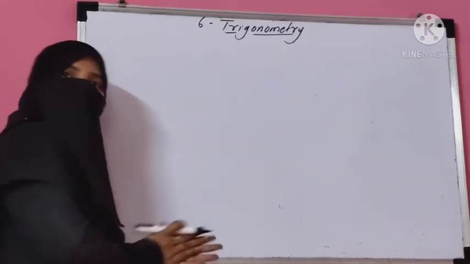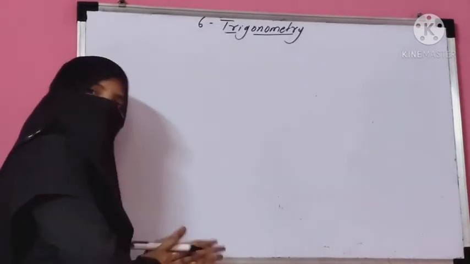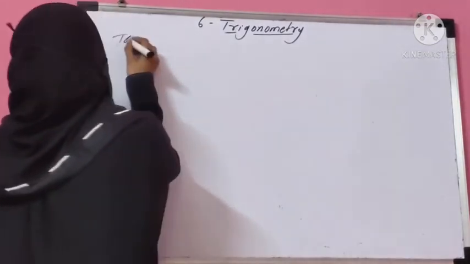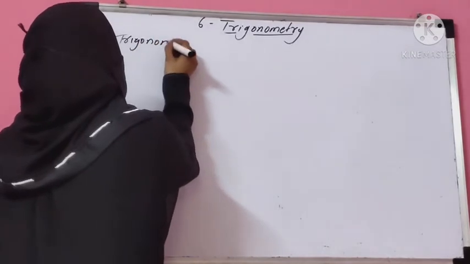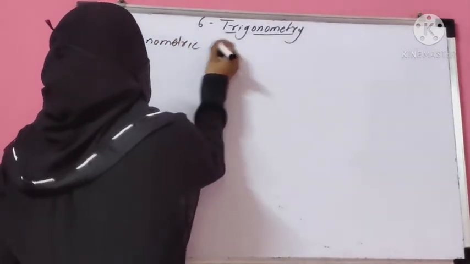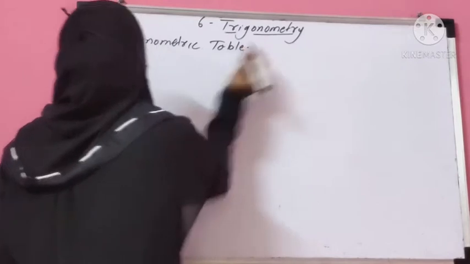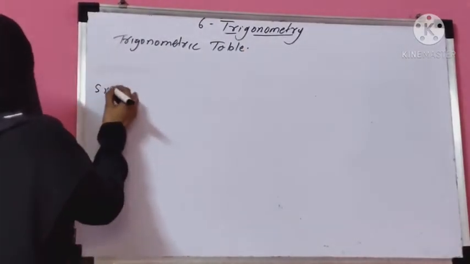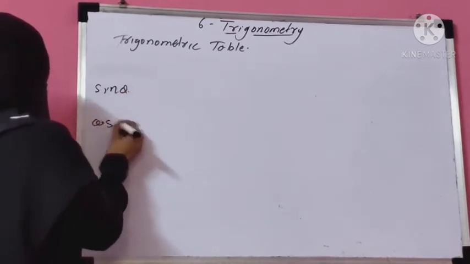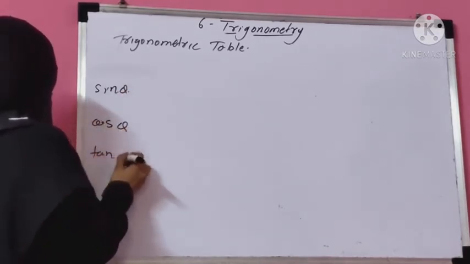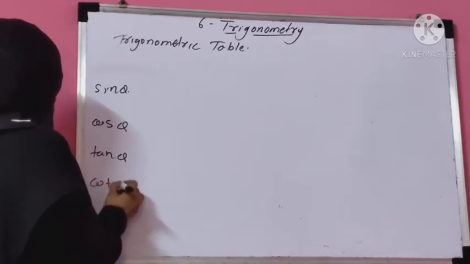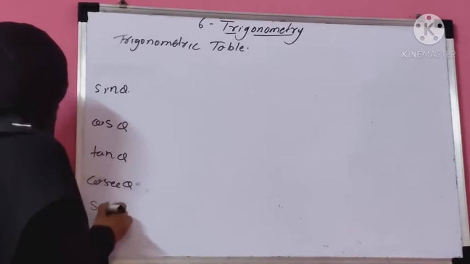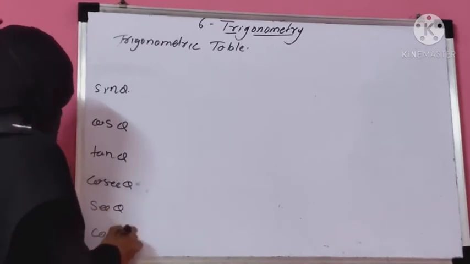In 9th standard, we also discussed how to frame the trigonometric table. Let's revise one more time. Trigonometric table. Okay. The trigonometric ratios are sin theta, cos theta, tan theta, cosec theta, sec theta, and the last is cot theta.